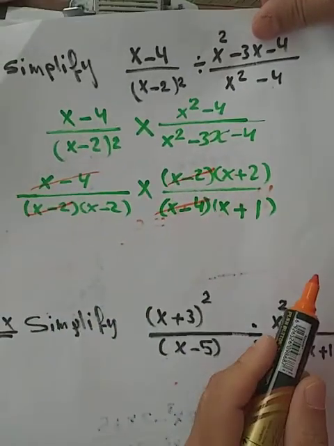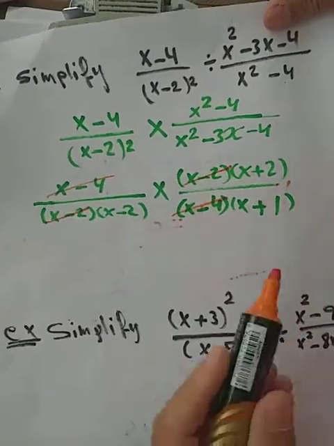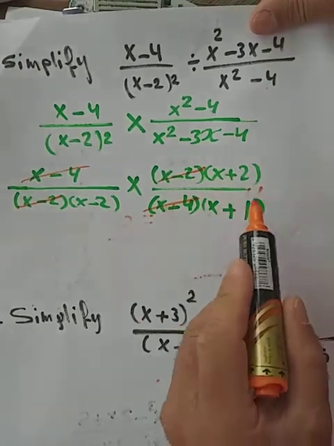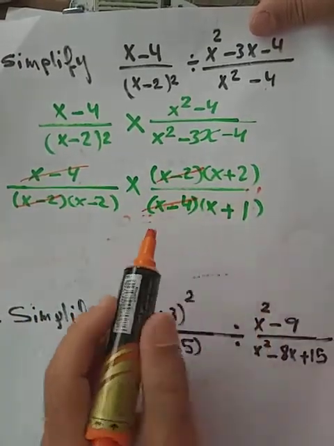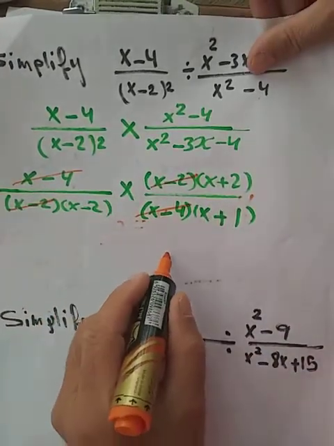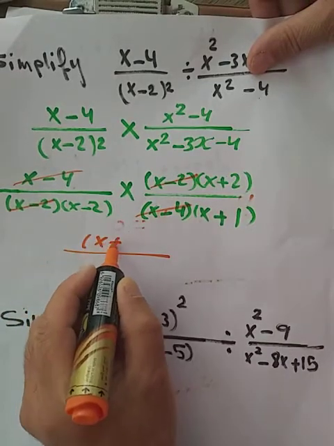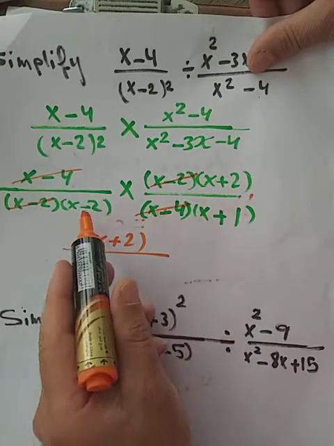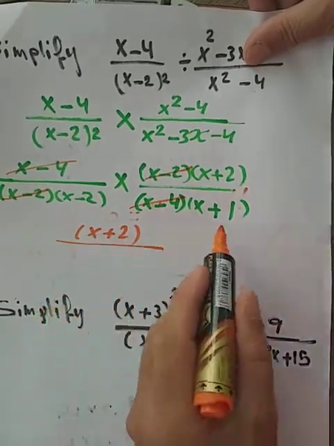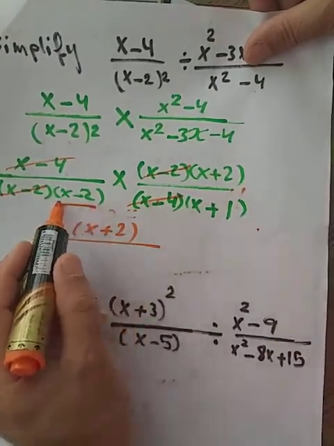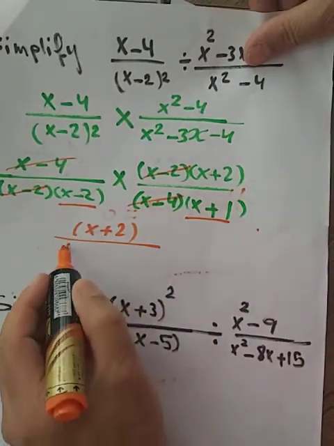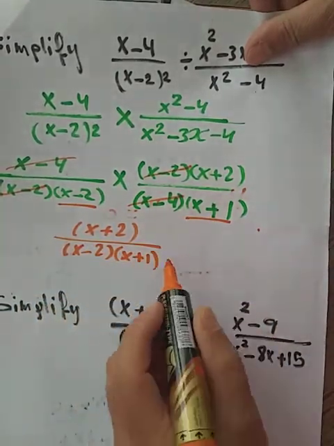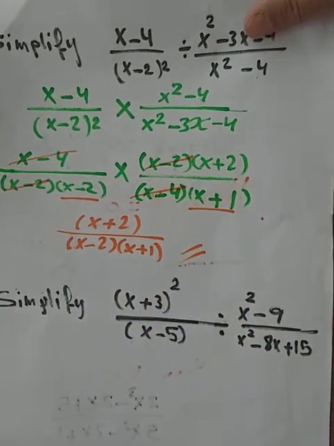We can cancel x minus 2 with x minus 2. X plus 2. Do you have x plus 2 in the denominator? No. Write it. X plus 2. And in the numerator, what do you have more? This one and this one. X minus 2, x plus 2. This is the answer.